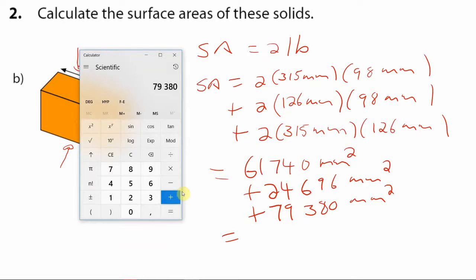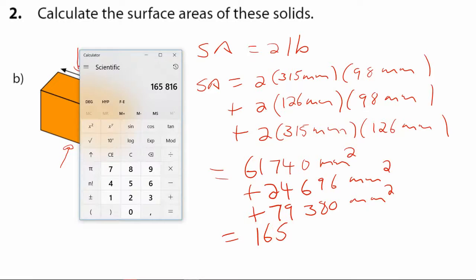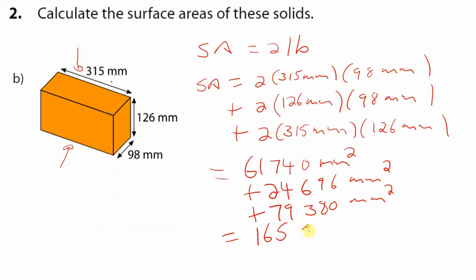So we have the 79,380 plus the 24,696 plus 61,740, which will result in 165,816 square millimeter.